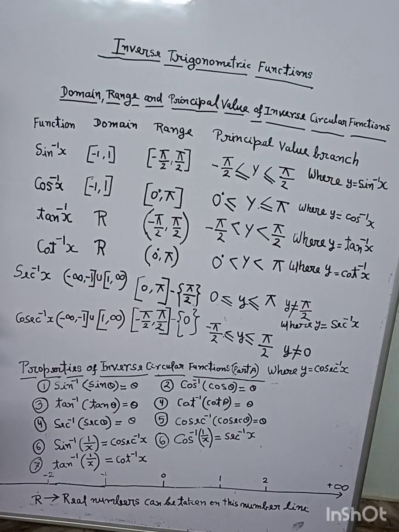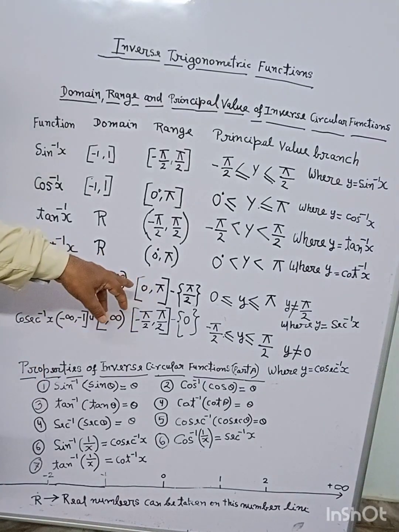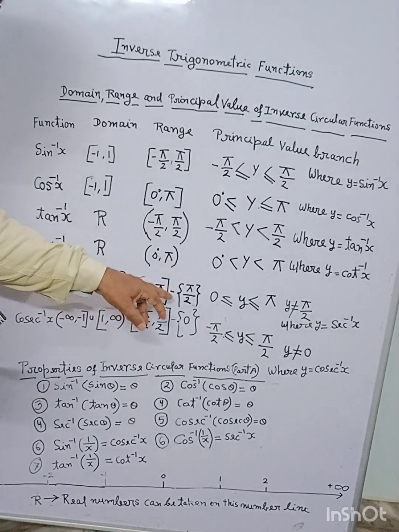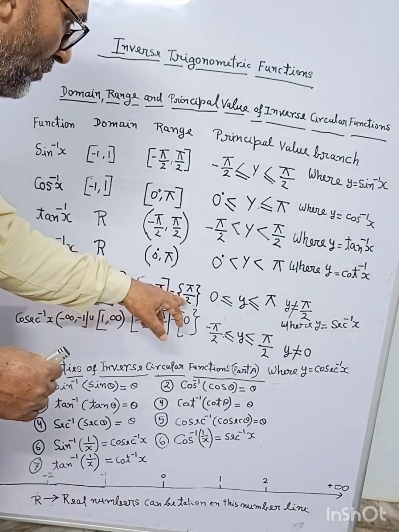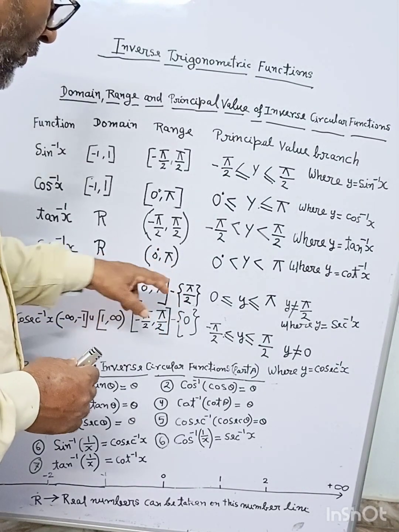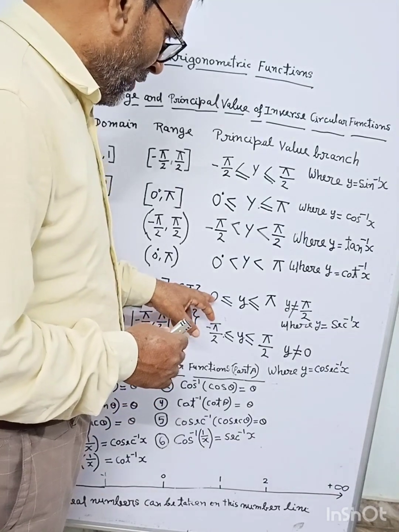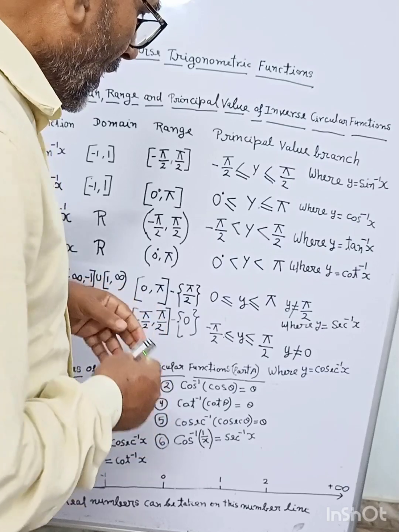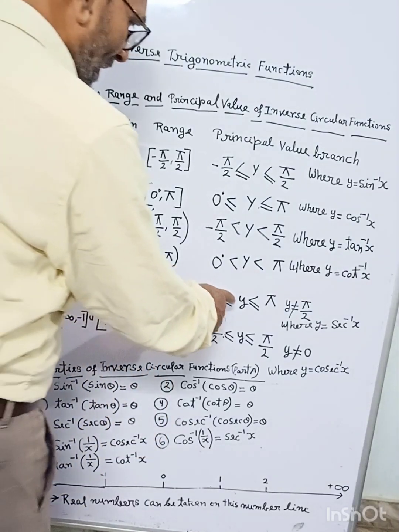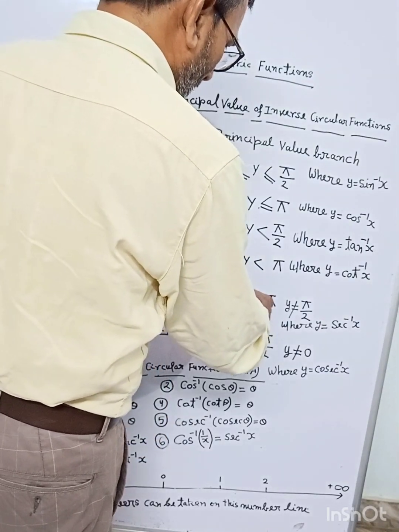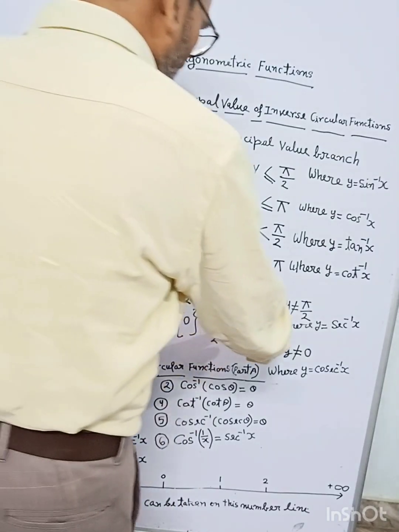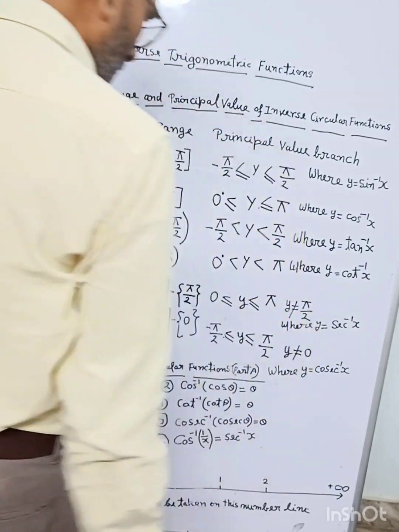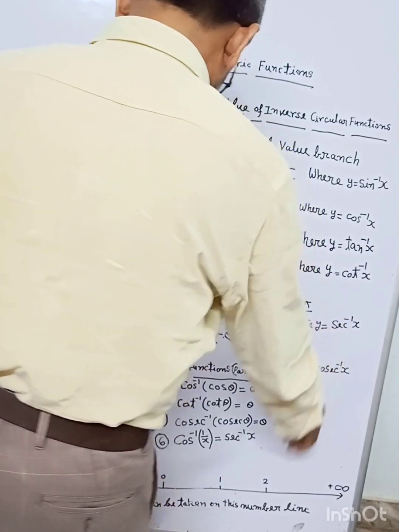These are the values from 0 to pi under closed interval, except pi by 2. So the principal value branch is 0 is less than or equal to y is less than or equal to pi, where y is not equal to pi by 2, where y is equal to sec inverse x.